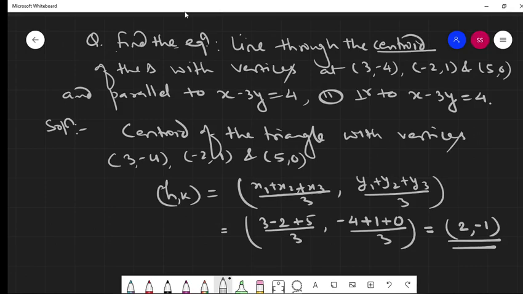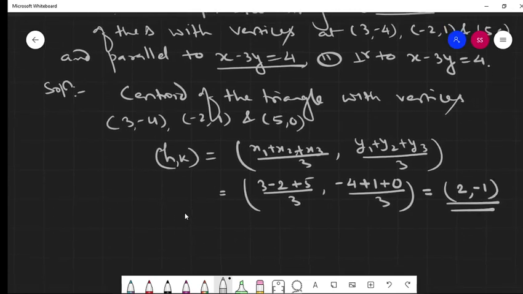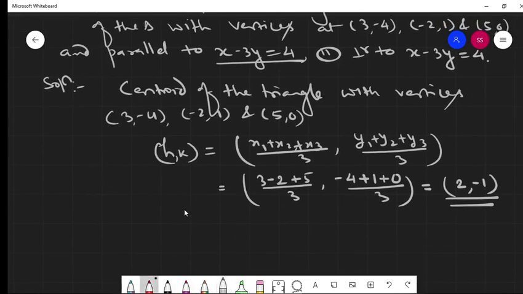Now the line which is parallel to that line is, let me highlight, x - 3y + k = 0. That is the parallel line which passes through this point. Using this point you can find the value of k. After finding the value of k, you can put it here, then you can find the equation of the parallel line.